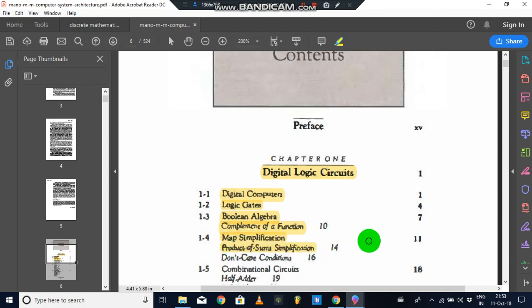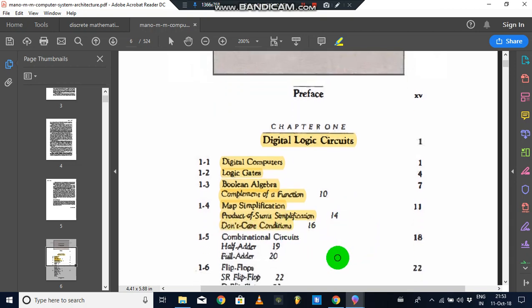Basically, what is a Karnaugh map, and what is the role of the don't care condition in a Karnaugh map, and what is the combinational circuit.